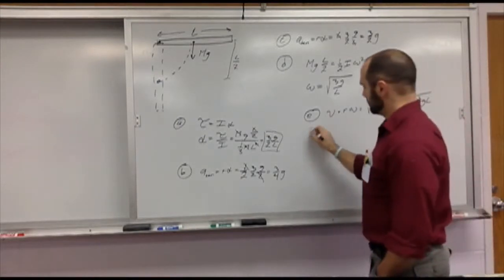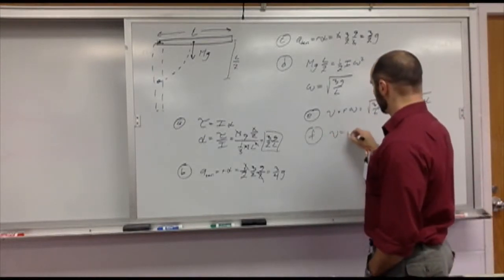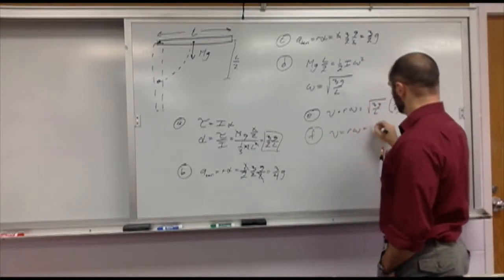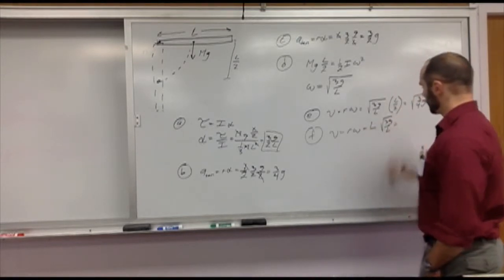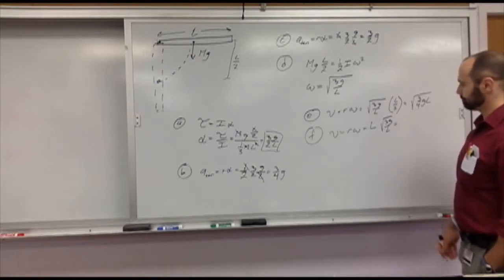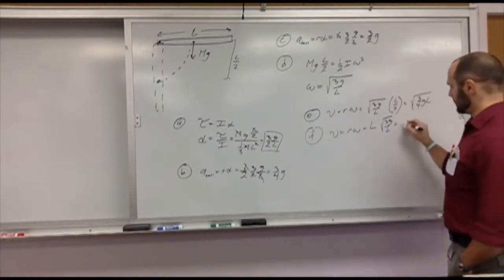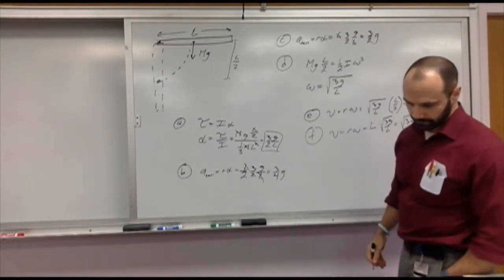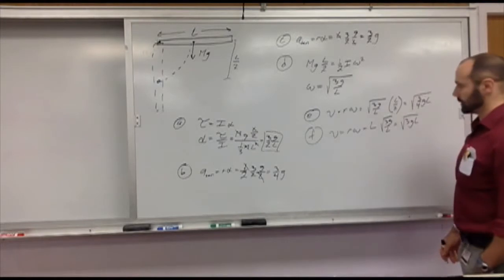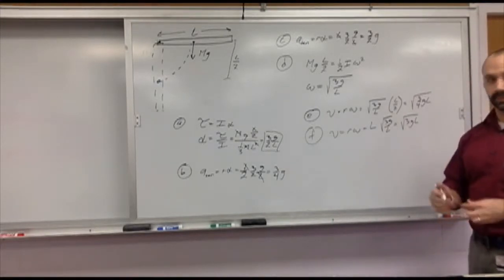And then F is just going to be L times the square root of 3g over L. So again, I'm going to have the square root of 3gL. That's letter F.